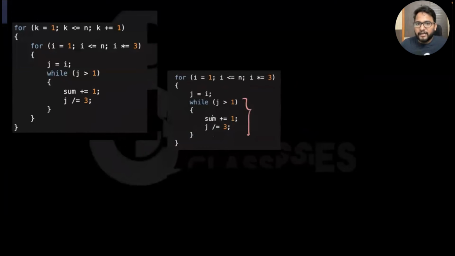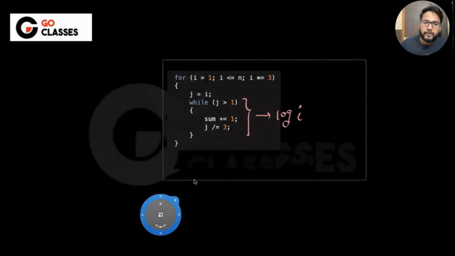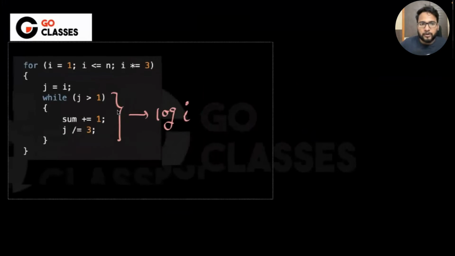Tell me how much time this loop is going to run. You're initializing by i, and every time you're dividing by 3. Log of i times, right? Okay, I hope you are getting it. Let me go to the next page and try to explain. Let's talk about this particular program.